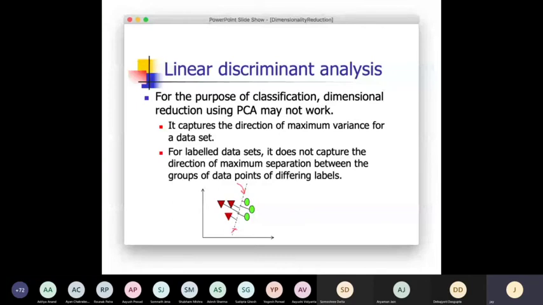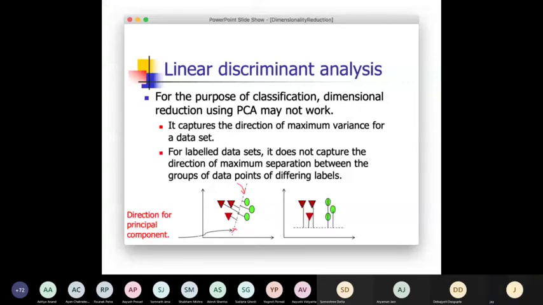So you can see that all these data points are mixed, right? They are not well separated, they are overlapping. But if I consider another direction for the same set of data points, say this is the direction now, you can see that there is a good separation between the projected points.